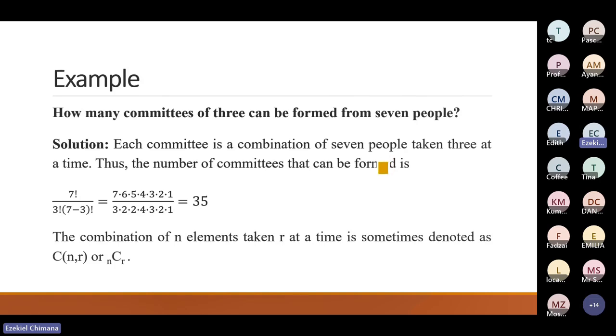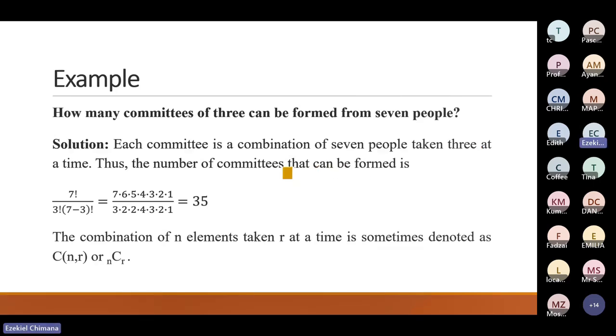So how many possible combinations can we come up with? That's what we call the combinations. So the solution: each committee is a combination of 7 people taken 3 at a time.